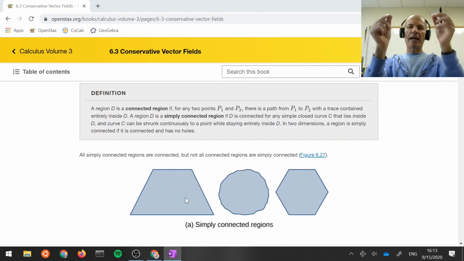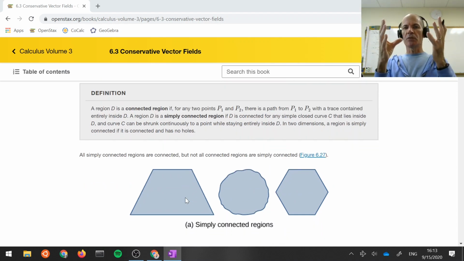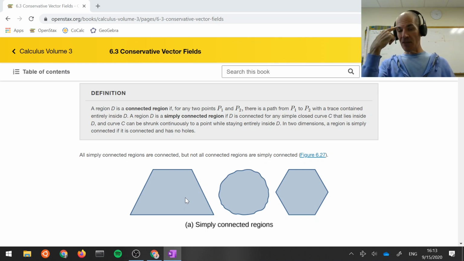So now that we have a curve, and in particular a closed curve, a closed simple curve partitions, at least in 2 dimensions, the plane into an interior and an exterior. And that sounds remarkably obvious, right? Here's this trapezoidal curve. It partitions the plane into the blue part inside the curve and the white part outside the curve.